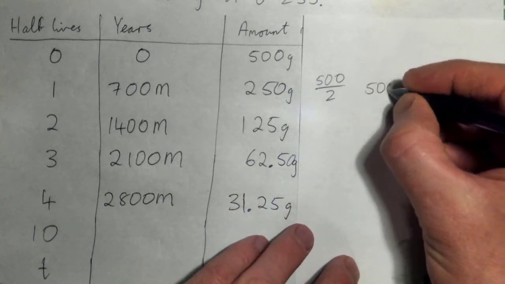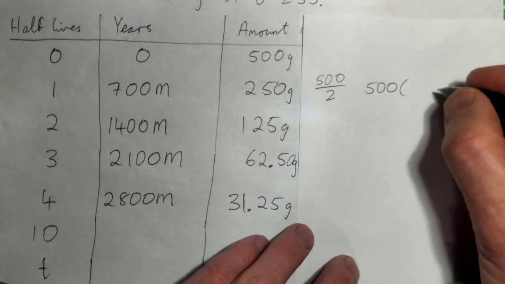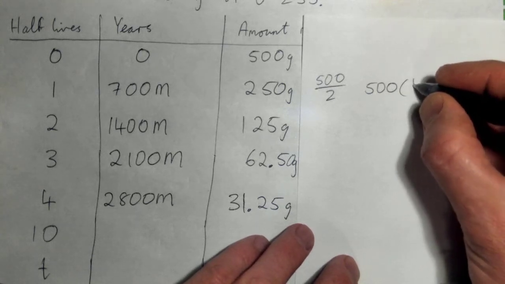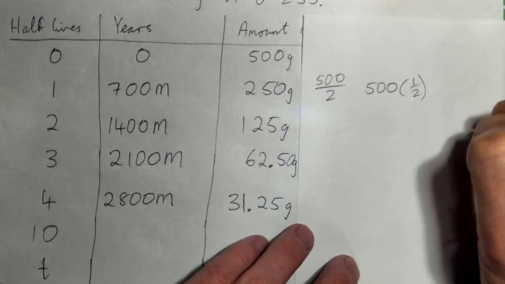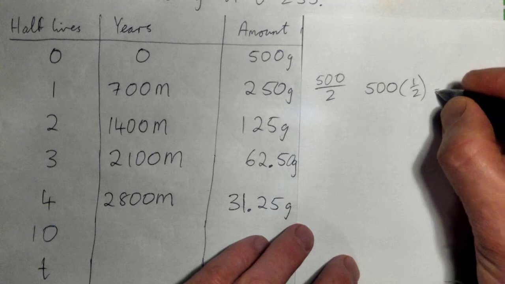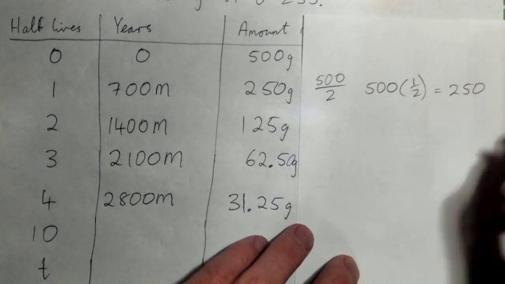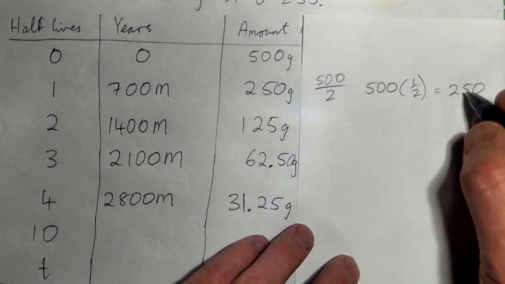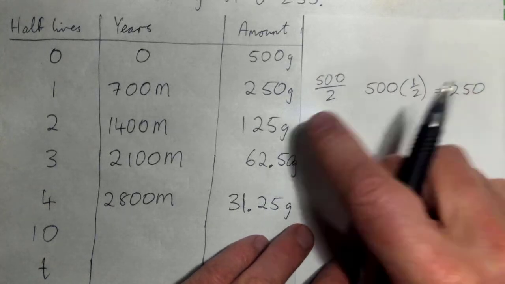Times what gives 250? Times 0.5, right? Yeah, or even times a half, right? 500 times a half would give 250, wouldn't it? That make sense? Good. So, I've got 250. How do I go from 250 to 125?